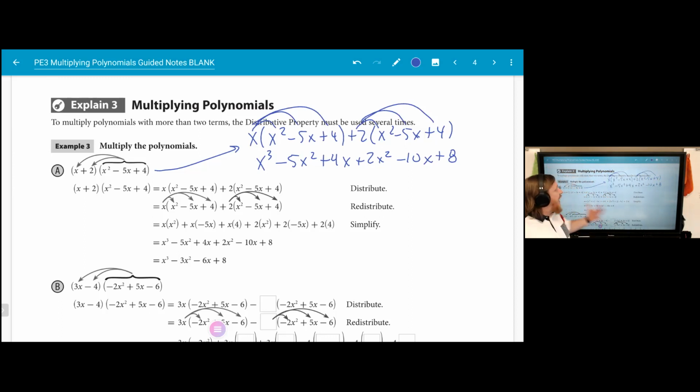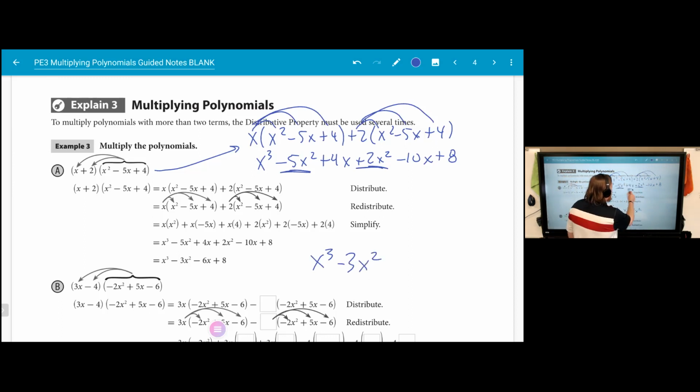Now we need to look and see if we can combine terms, right? Simplify like terms like we did at the beginning of the year. We've got this x cubed. I've only had that one time, so I'm going to write this x cubed. I have two terms that have squareds: negative 5x squared plus 2x squared. That leaves me with negative 3x squared. So x cubed minus 3x squared.